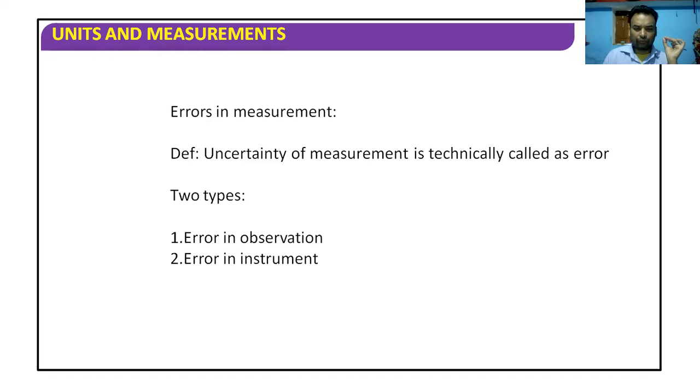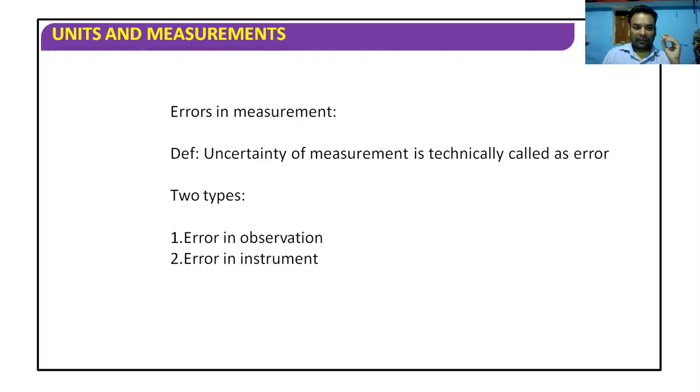Suppose I want to measure the distance of a tree from my bedroom. Roughly, I will see the tree through the window of my room, and I will have a rough estimate in my observation of the length of the tree from my bedroom. With the help of my eye, I will make a judgment that this may be the distance of the tree from my bedroom.